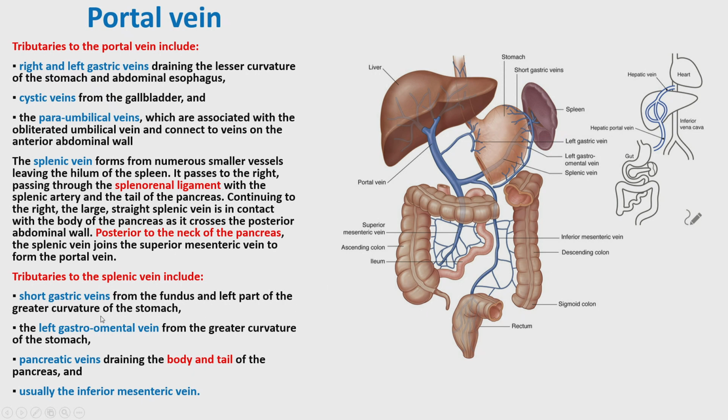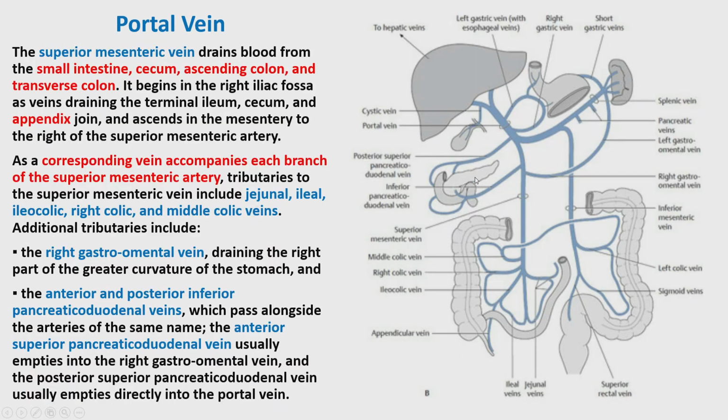So here, for the recapitulation, I have it for you. The tributaries directly to the splenic vein are the short gastric, left gastroomental and pancreatic, and usually, as we said, the inferior mesenteric, which drains to the splenic, yes?